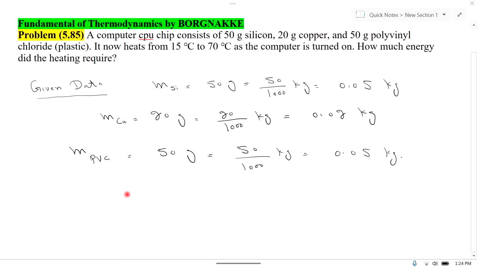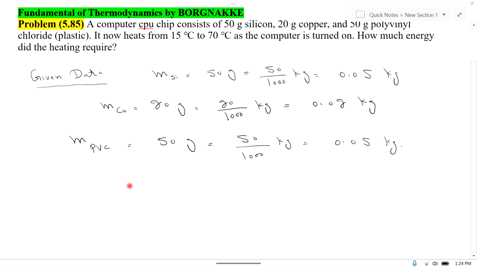It is now heated from 15 degrees centigrade to 70 degrees centigrade as the computer is turned on. So initial temperature T1 is equal to 15 degrees centigrade, which is equal to 15 plus 273 Kelvin, which is equal to 288 Kelvin.